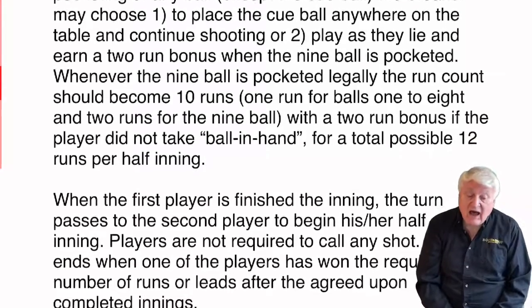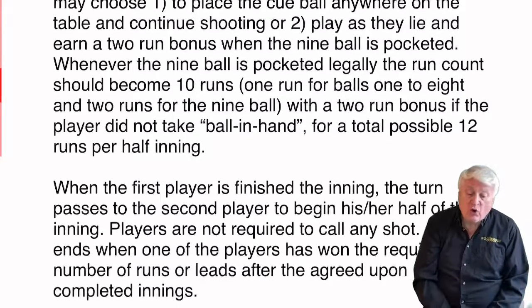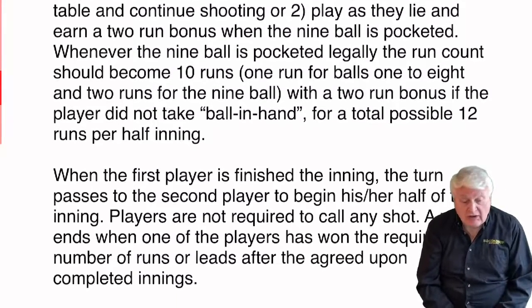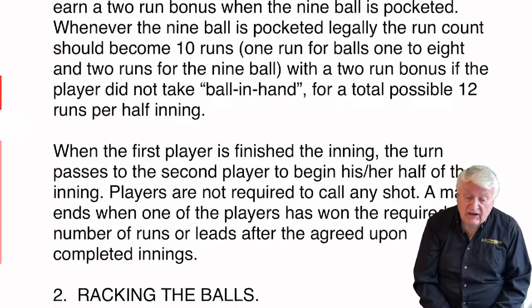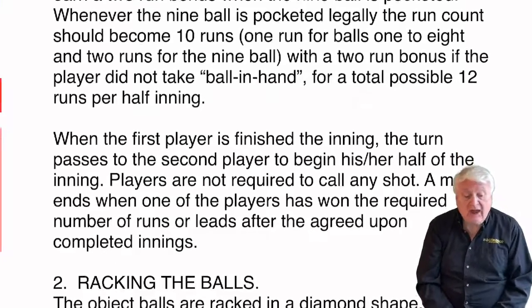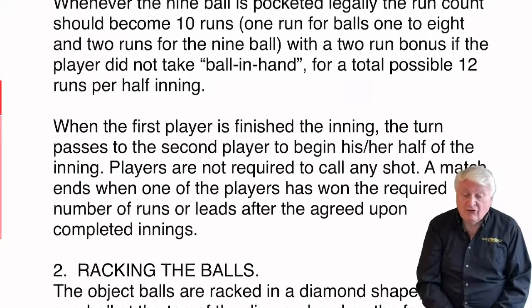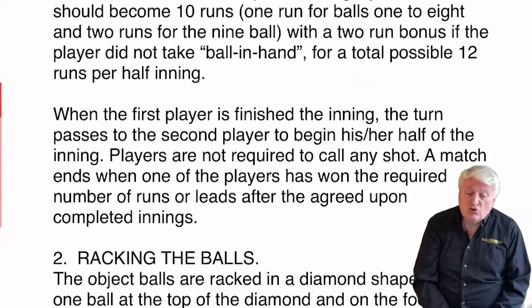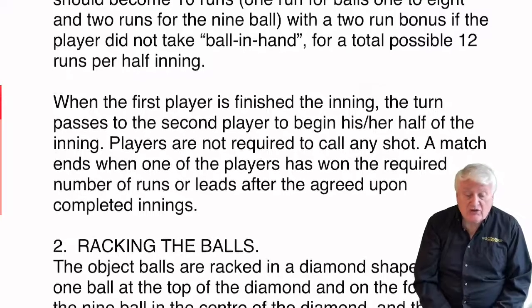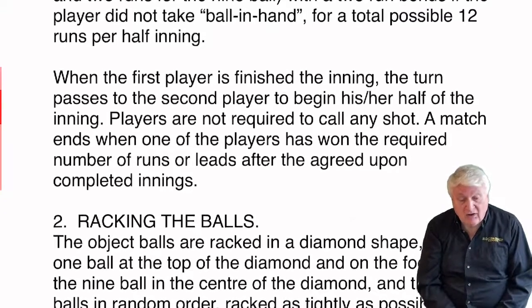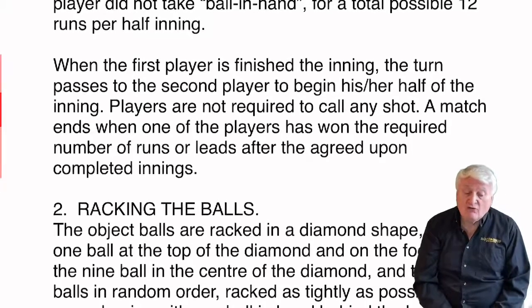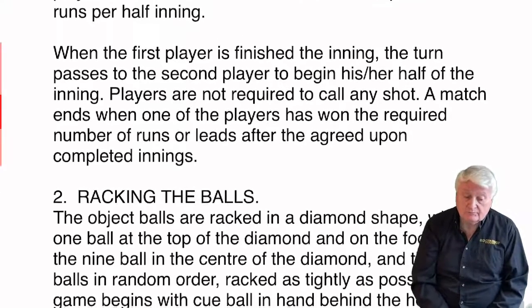Play as they lie and earn a 2-run bonus when the 9-ball is pocketed. Whenever the 9-ball is pocketed legally, the run count should become 10 runs. 1 run for balls 1 to 8 and 2 runs for the 9-ball, with a 2-run bonus if the player did not take ball in hand, for a total possible 12 runs per half inning.